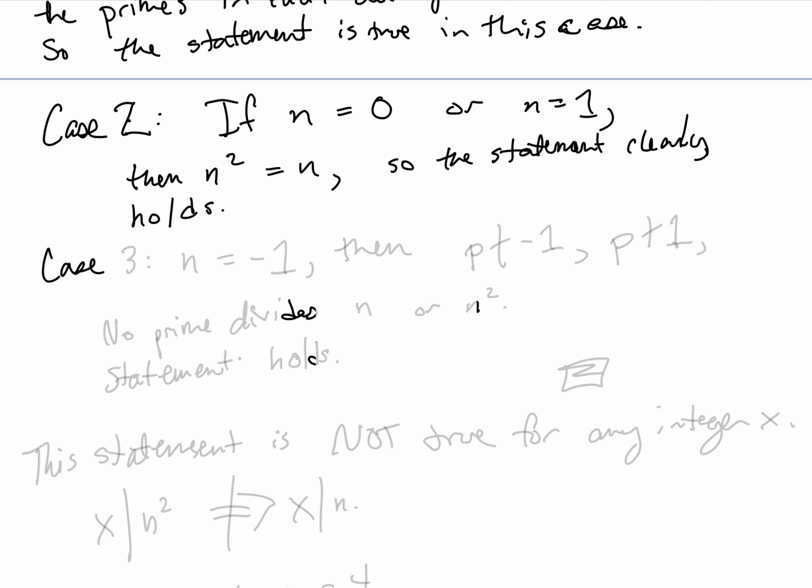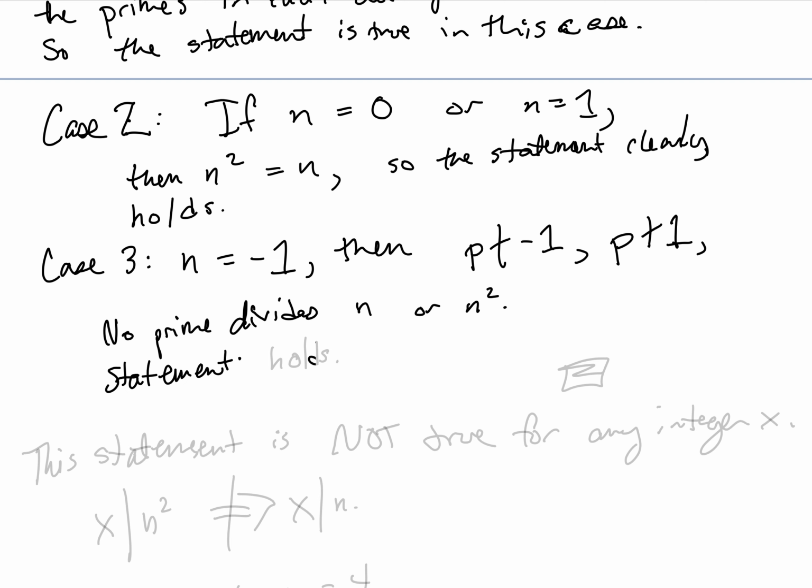And case 3, if n is equal to negative 1, that's the only case we have not looked at so far, then no prime divides negative 1, and no prime divides 1. So since no prime divides n or n squared, clearly, again, the statement holds that the same exact primes divide both n and n squared in this case.